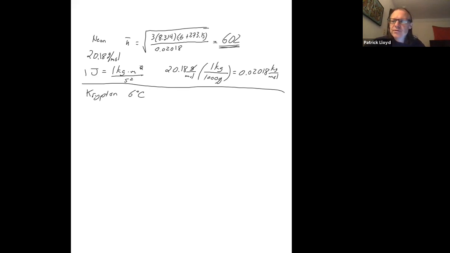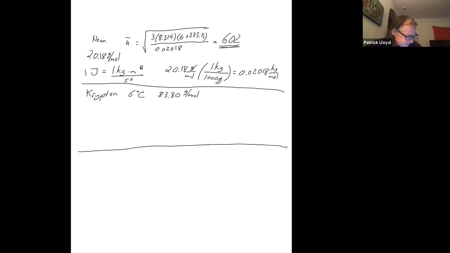Okay, so here we go. So WebElements, let me show you this one here. It is 83.80. So that would be the molar mass of krypton, 83.80. Now we're going to do xenon after this one.